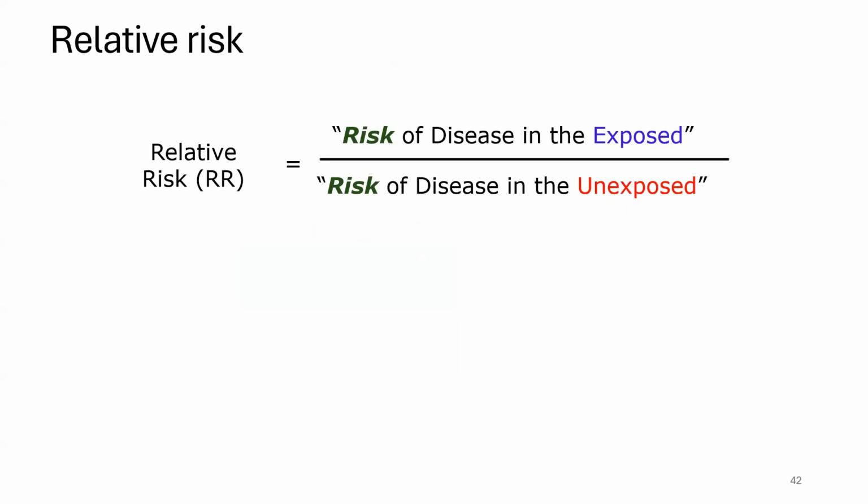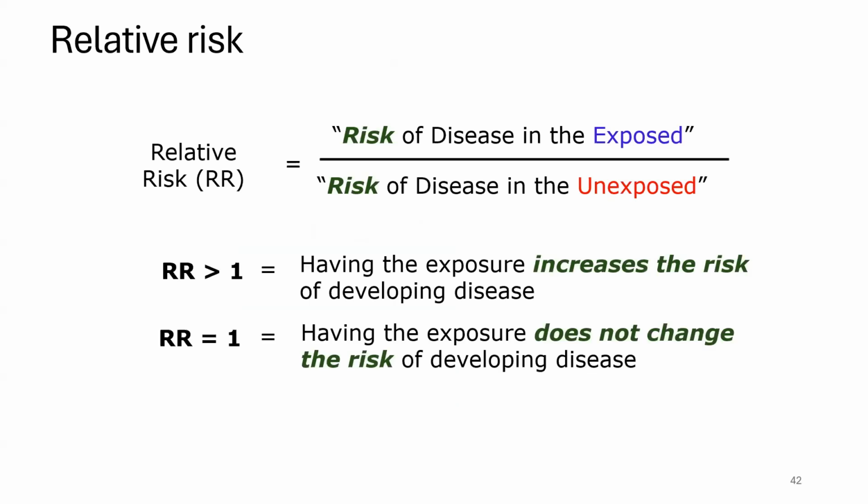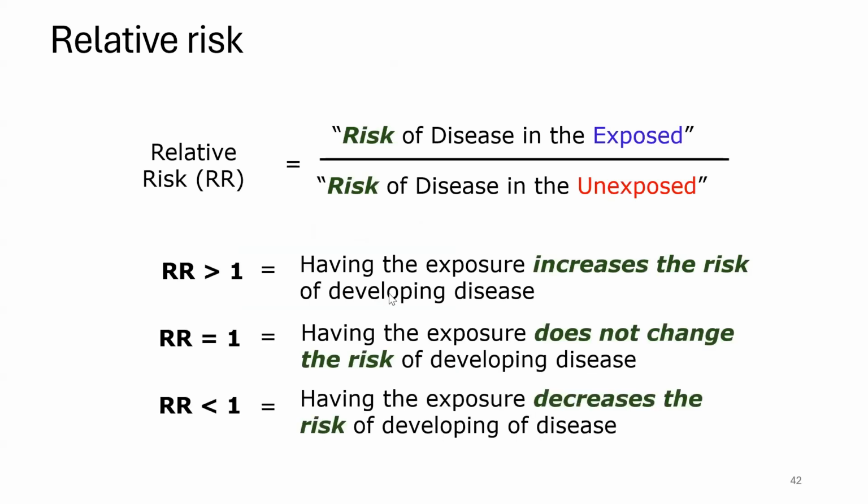So going back to thinking about what relative risk means in terms of comparing the risk in the exposed and the unexposed, when the relative risk, whether it's cumulative incidence ratio or the incidence rate ratio, if the value is greater than 1, that means that having the exposure increases your risk of developing whatever the outcome is that you're examining. If it's equal to 1, that means, again, that you have a one-to-one relationship.